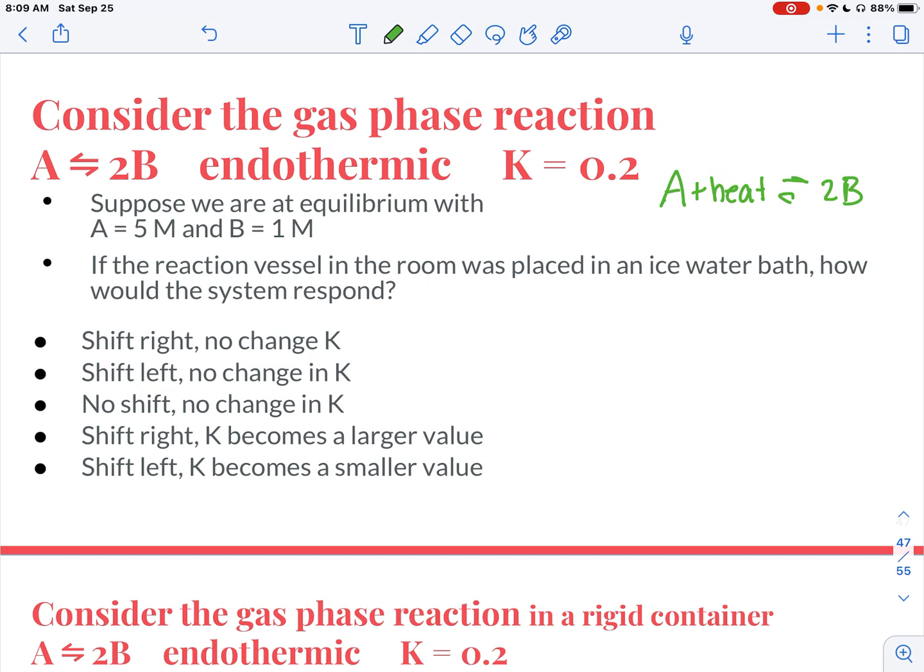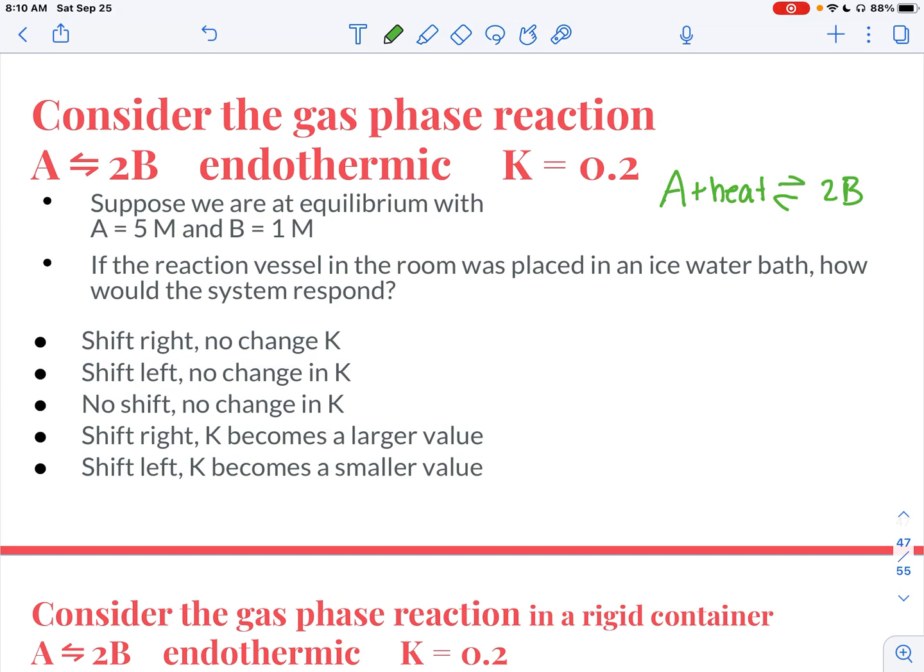If it was exothermic, we know that that's the system giving off heat, so we would put heat with the product side. Okay? So this is a nice, easy way to use Le Chatelier's principle, which you already know, with an endo-exo explanation. You just put heat into the expression.